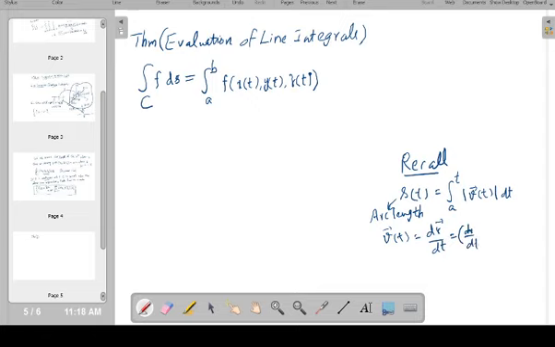And what is meant by modulus of v of t? That means the length of the vector v of t. That means square root of dx by dt whole square plus dy by dt whole square plus dz by dt whole square.